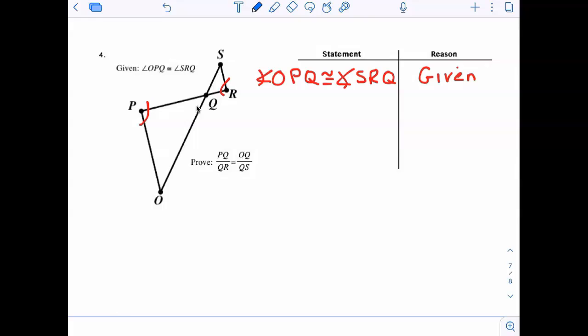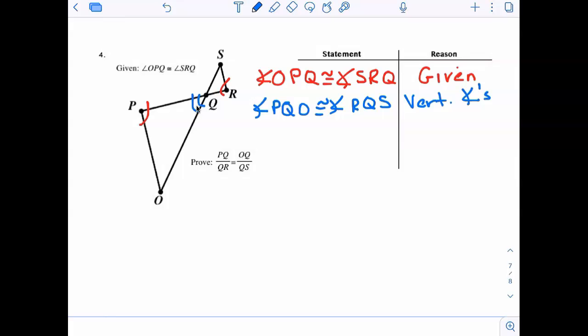So we can state that angle PQO, this angle here, is congruent to angle RQS, and that would be by vertical angles. Okay, so that has given us two corresponding angles that are congruent.